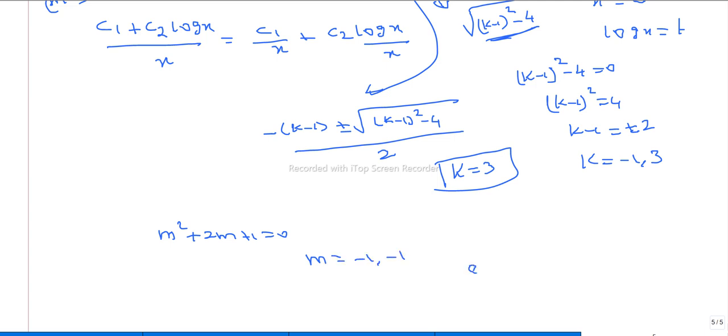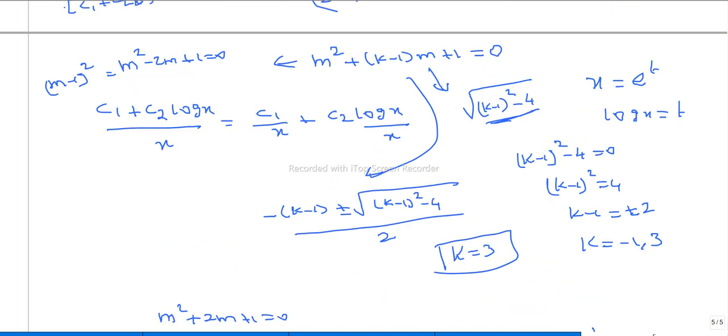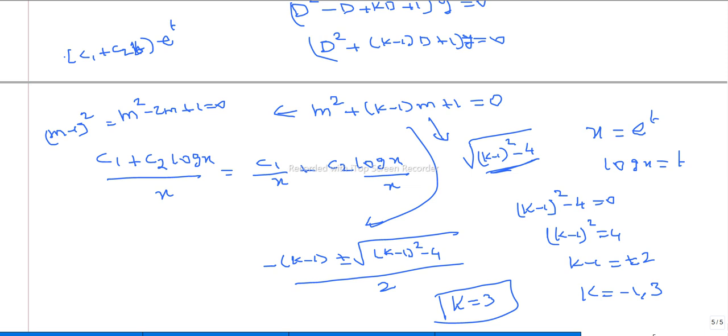Therefore the solution is (c1 plus c2 times t) into e power minus t. If you substitute in terms of x, t is nothing but log x, and e power minus t is nothing but 1 by x, because e power minus log x is 1 by x. Now we get the solution. Therefore k equal to 3 is the answer.